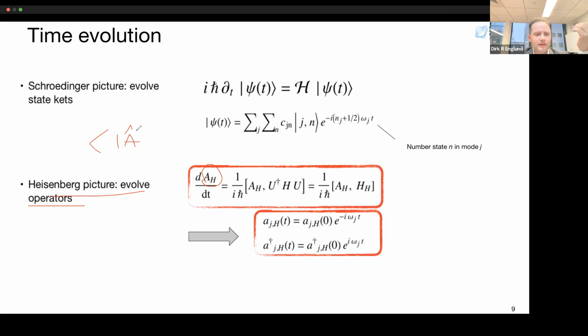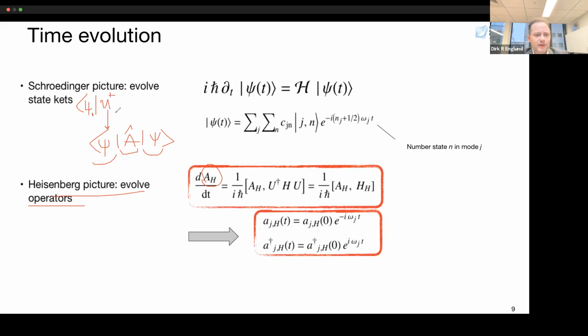In the Schrodinger picture, I would have my time-dependent state here, bracketing the operator A to get the expectation value of A. But I can alternatively say that this thing here is actually evolving. This is some initial state psi naught, and it is time evolving by some unitary evolution U.